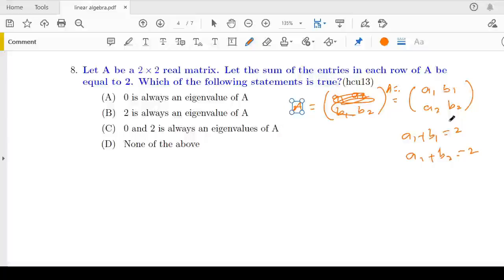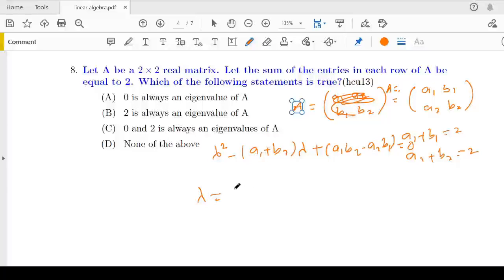Therefore, the characteristic equation is lambda square minus (a1 plus b2) into lambda plus a1 b2 minus a2 b1 equal to 0. This is the characteristic polynomial, a quadratic equation.